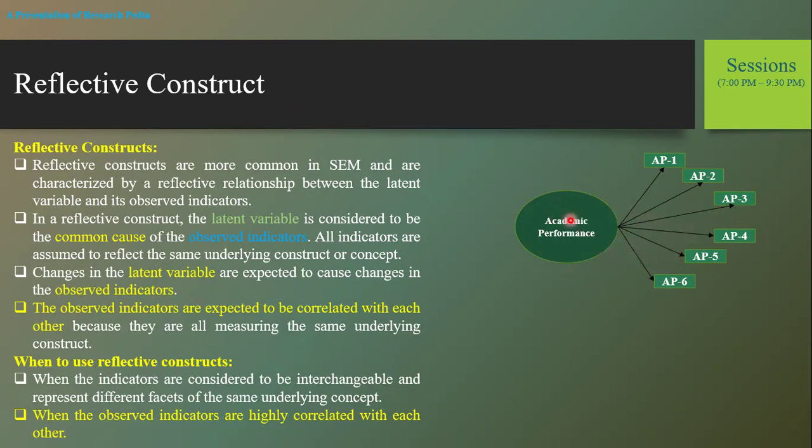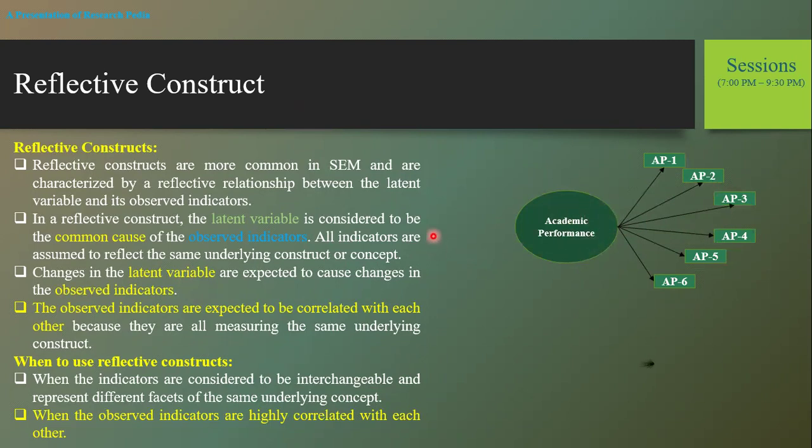So we can say that academic performance is reflected through these six indicators, or these six statements are basically causing the academic performance. So whenever your indicators basically indicate some concept and the concept is reflected by those statements, we can say that it is a reflective construct.